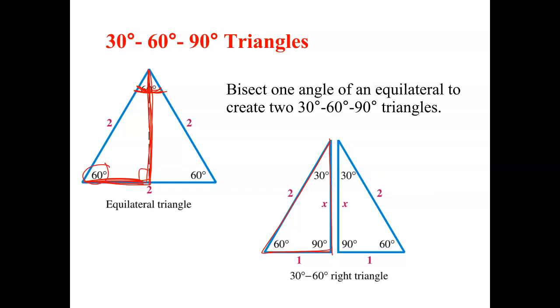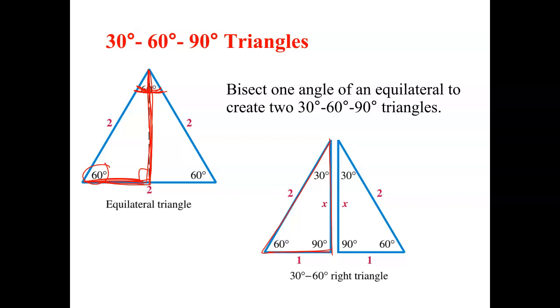Okay? And so you're going to see that the ratios on a 30, 60, 90 triangle end up being consistent over and over and over again. What you're going to want to do as we go through this is practice and memorize how to create a special right triangle, because the ratios from those triangles show up so often that being able to create those triangles will allow you to find those ratios and those exact values without having to memorize them.